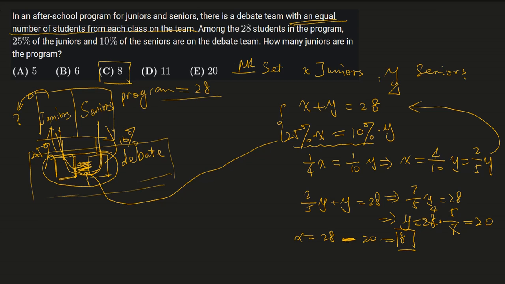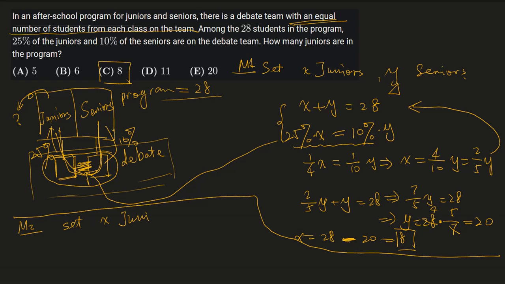And if you prefer to use a single variable, that is also possible. So let's separate these. And let's say in method 2, you want to use a single variable, and that is also doable. So let's set, we have x juniors, right? And then we know that 25% of this x is simply the number of juniors in the debate team.